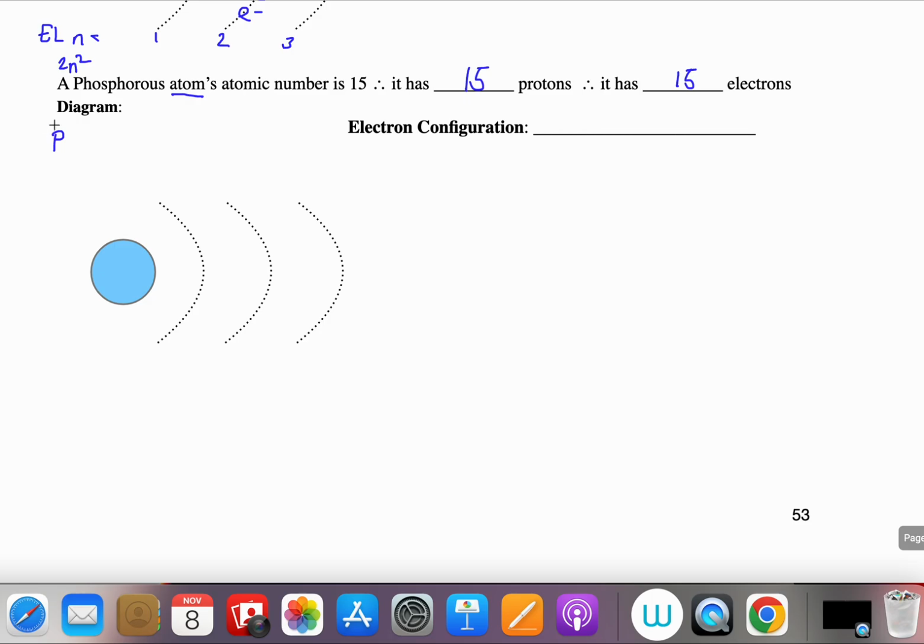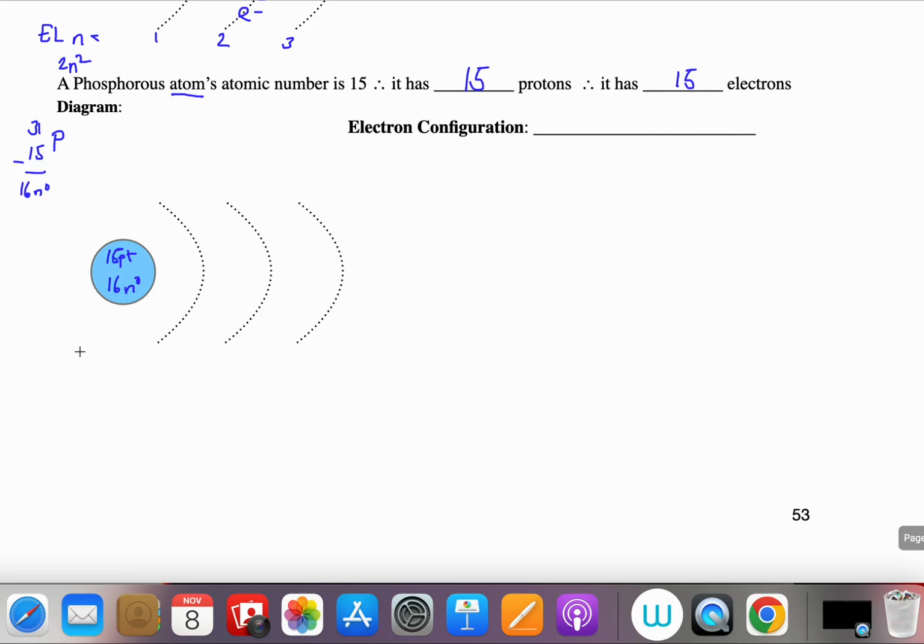Now, phosphorus's most common atomic symbol will look like this. We know that it has 15 protons in its nucleus. 31 minus 15 will give us our number of neutrons, so we know that there are 16 neutrons.